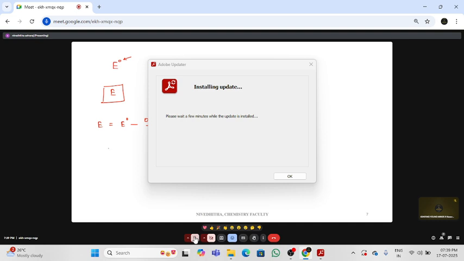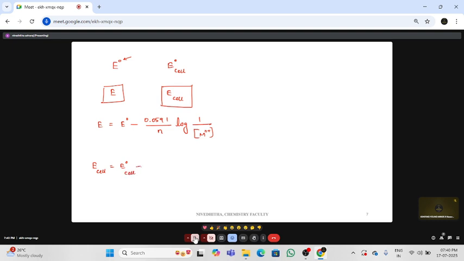Similarly, E cell is equal to E naught cell minus 0.0591 divided by n, log of concentration of product divided by concentration of reactant. And there is a formula to calculate E naught cell. What is the formula?